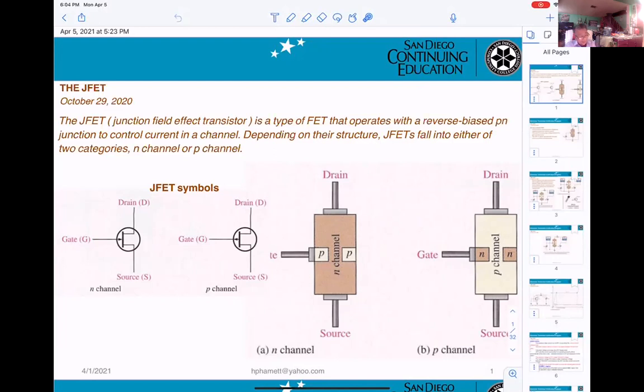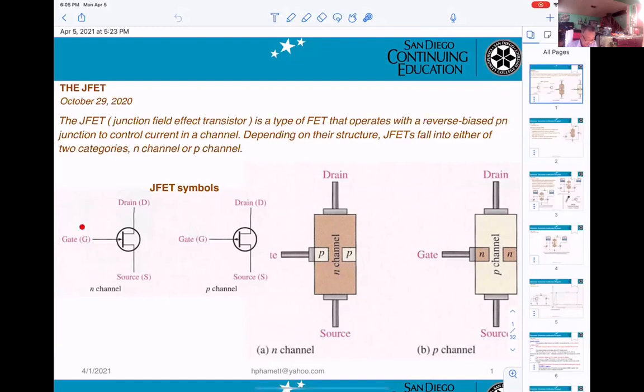In the bipolar transistor, you can get NPN and PNP. So in the JFET, they also have two channels. One they call an N channel and one a P channel.